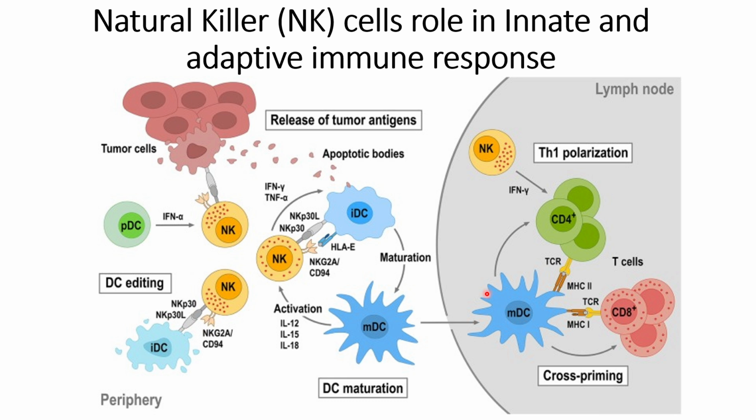And along with that, the NK cells can also go to the lymph node, and they can also help in the differentiation of the CD4 plus naive T cells into Th1 polarization through the release of cytokines such as IFN-gamma. So in that way, it will help in the activation of the innate immune response.